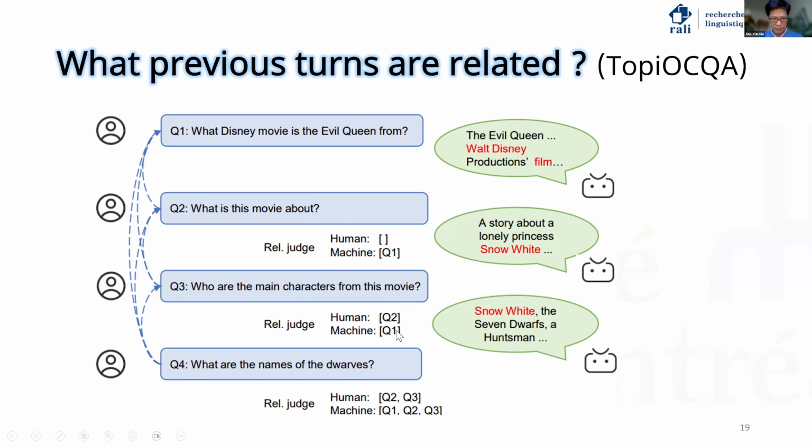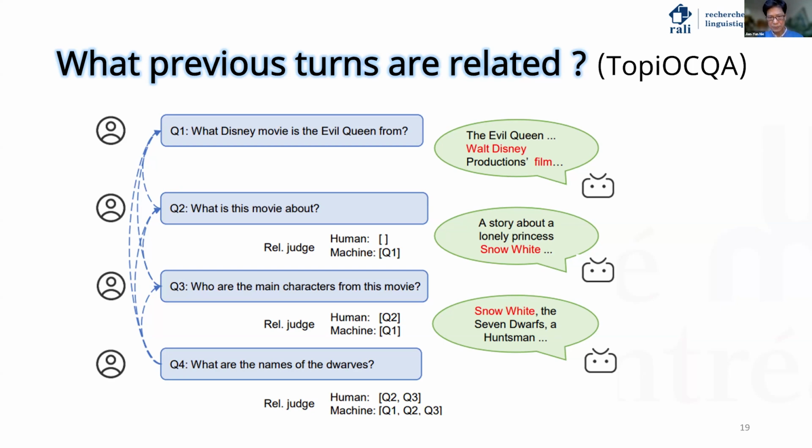And for Q3, it is useful to include Q1 instead of Q2, as the human annotator mentioned. So there is some different judgment by human annotators and by the machine according to the utility of the previous terms. So this example shows that it is not the best way to rely on a human annotation to select the previous terms to be incorporated in the current term.